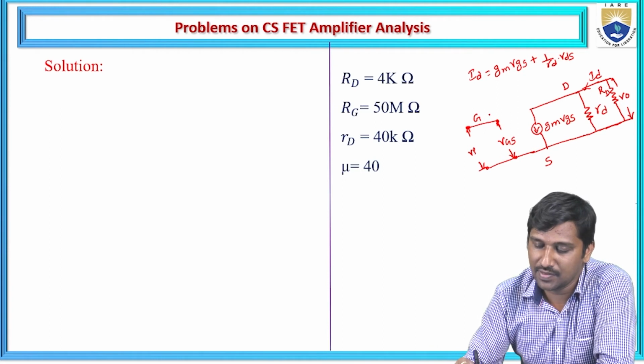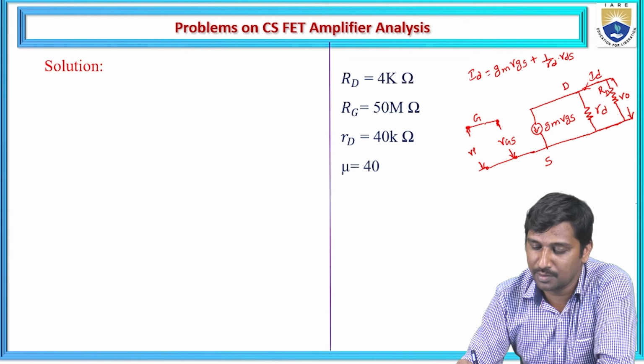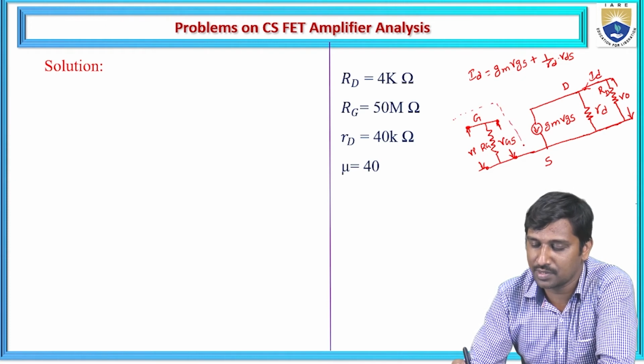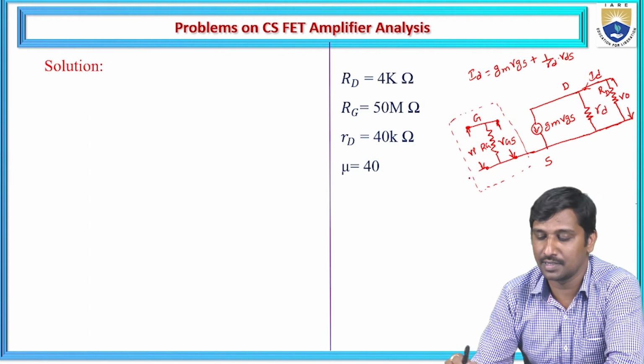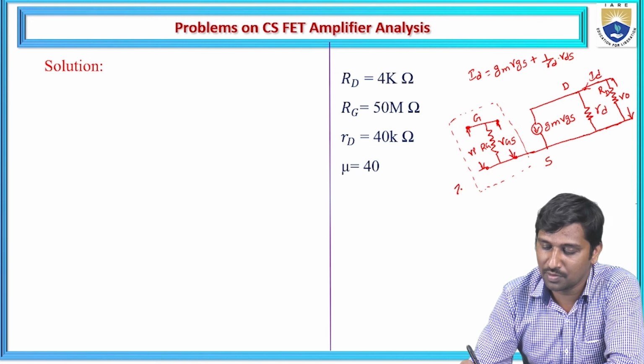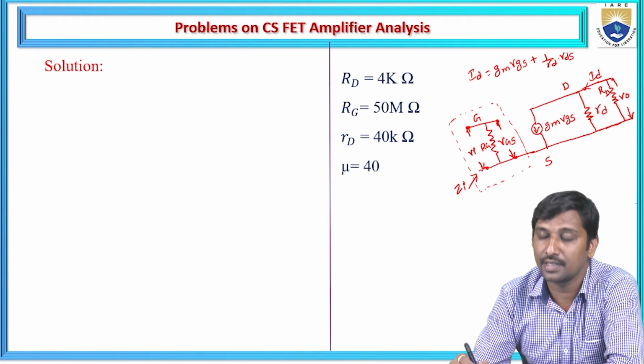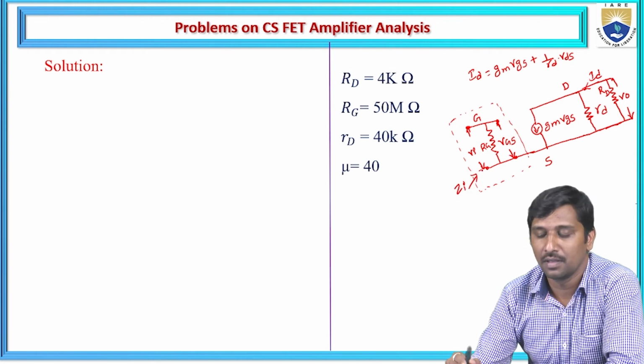Now, based on the given specifications and the circuit, on the input side a biasing resistance is connected through the gate terminal, represented as RG. Looking at this input side, we are going to calculate the input impedance ZI across the input port.